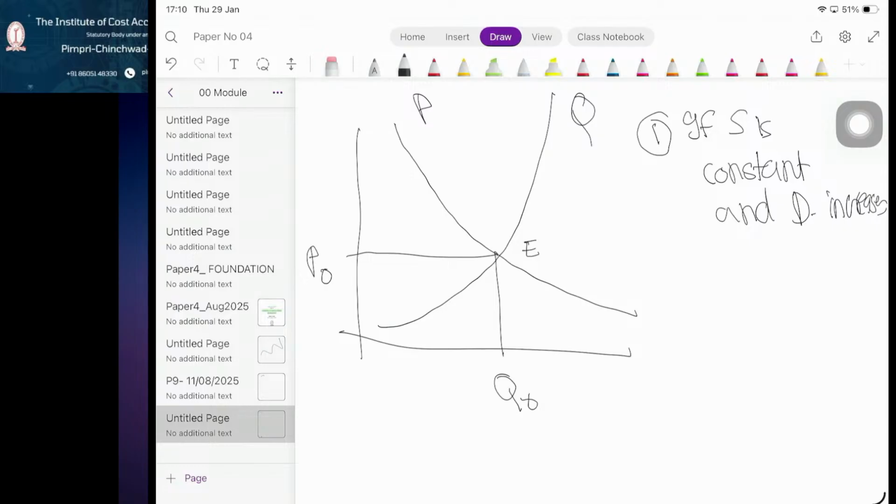Supply remains constant, or like just write supply here, but demand increases. What did you get?